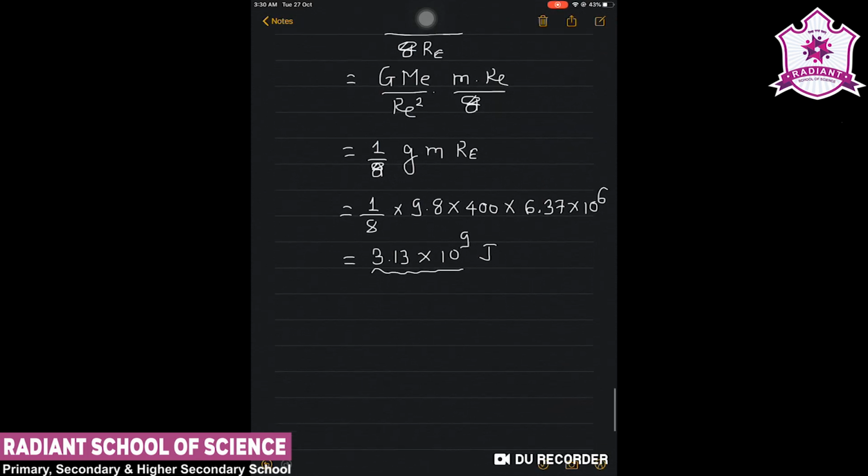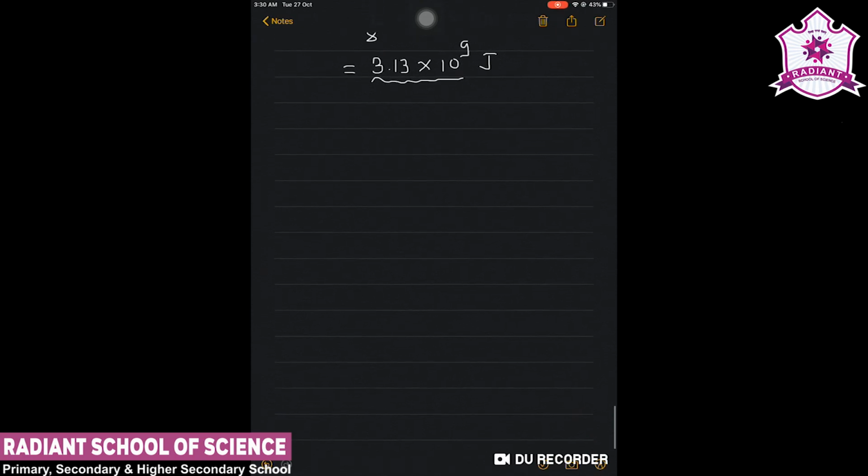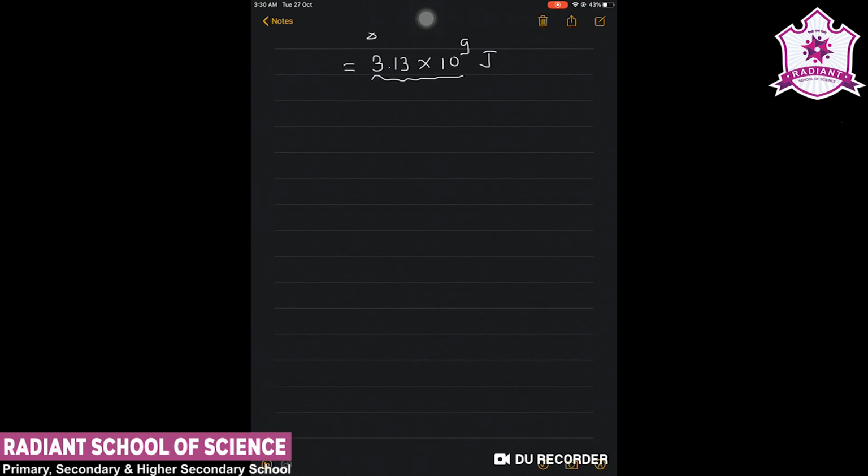Now we are also asked to find out the change in kinetic energy as well as in the potential energy.